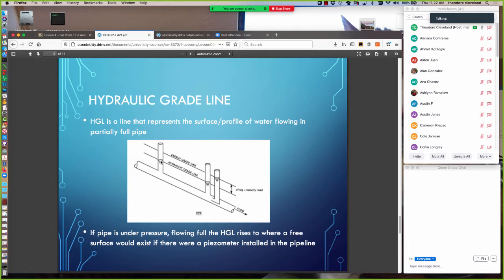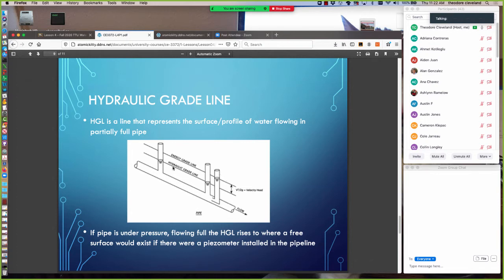So in this diagram, it's coming up to that point in this vertical pipe that's connected to the pipeline. In this point, it's coming up to here, and then you would figure out where all those points were and draw a line connecting them, and that becomes the hydraulic grade line. It's how high water would rise in the system if we don't consider the velocity component.